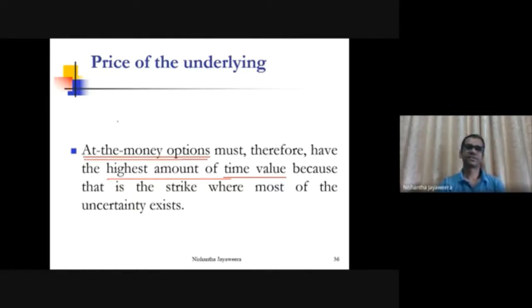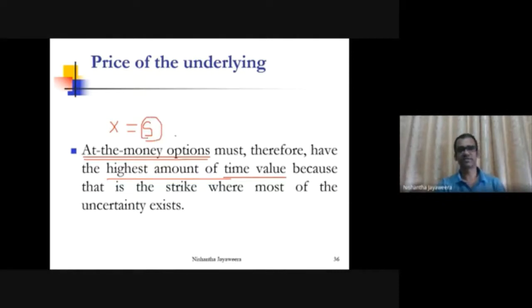It's when the strike price equals the spot price. So at this stage, we never know which way this spot price would move.